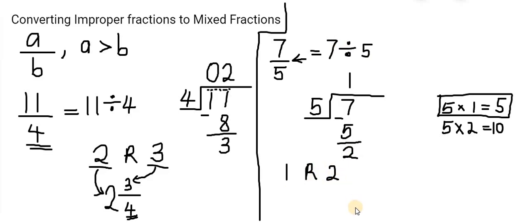Now how do we take this information and create a mixed fraction? The answer you get is the whole number 1. The remainder is the top number 2, and the bottom number is exactly the same as the beginning, 5. Okay, so 7 over 5 as a mixed fraction is 1, 2 over 5.